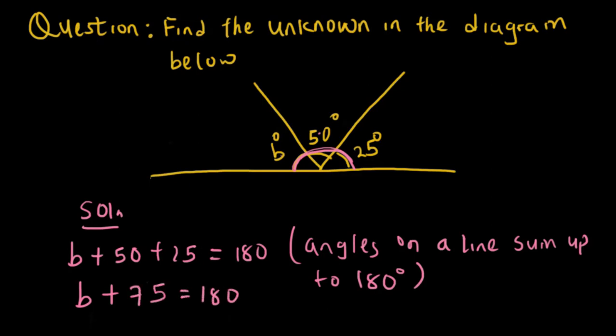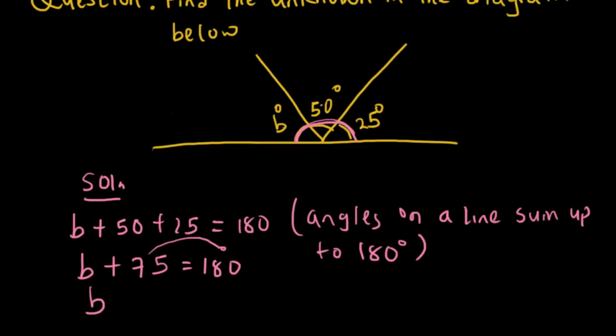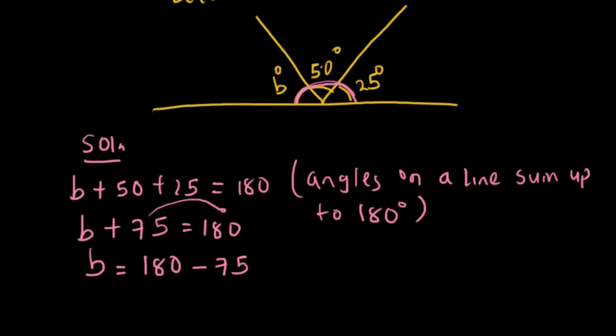We collect like terms. 75 goes to meet 180. So we have B equals to 180. When plus 75 crosses the equal to sign, it becomes minus 75. So it means B equals to 180 minus 75, which means B equals to 10 minus 5 is 5, 7 minus 7 is 0, and then we have 1.